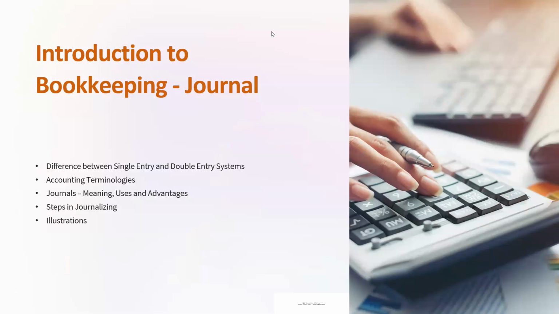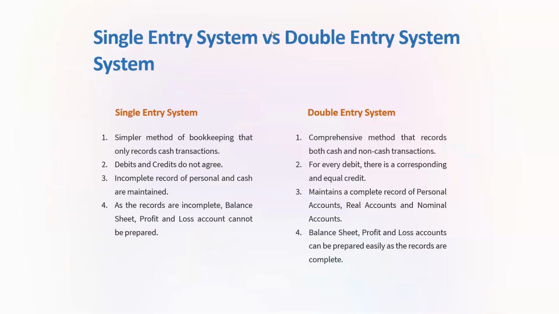Today we are going to see how to make entries in the journal. Before that, we are going to see the basic things about the journal in detail. Let's start with the difference between the single entry and double entry systems. Usually a few companies maintain the single entry system, but it has its own disadvantages and limitations.